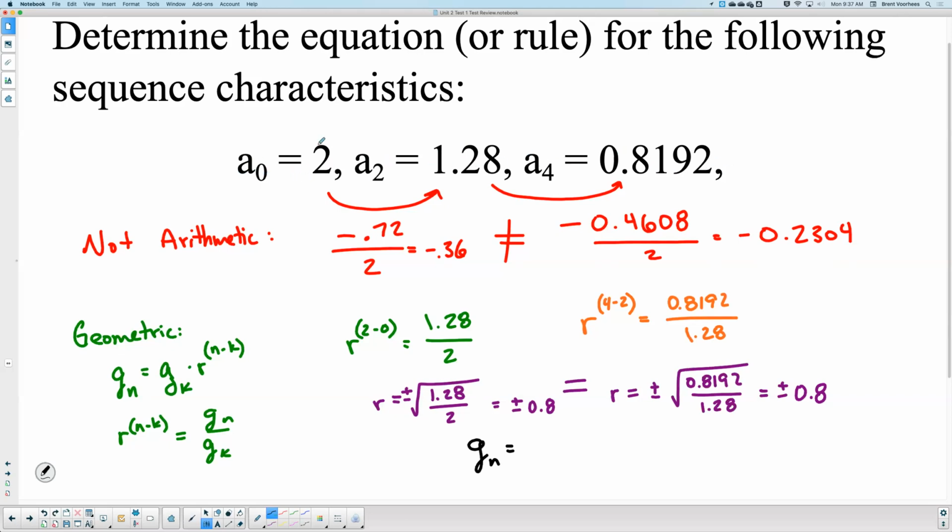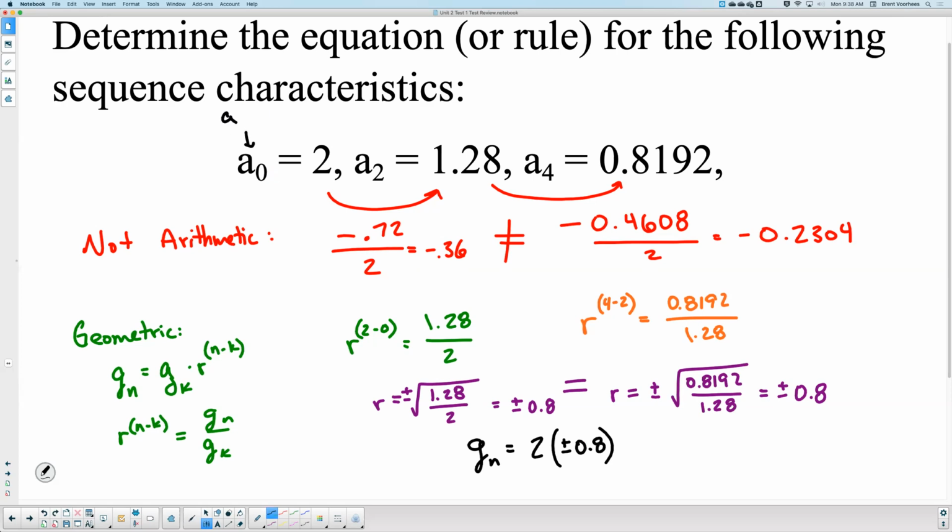How about we use the first term, the 0, because there won't be anything to simplify. That's the initial term. 2 times, what's our common ratio? All right, I'm going to put that in parentheses. We don't know if it's positive or negative, so I'll just do plus or minus 0.8 to the power of.